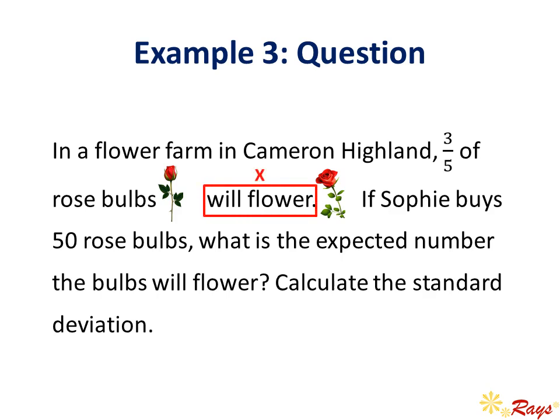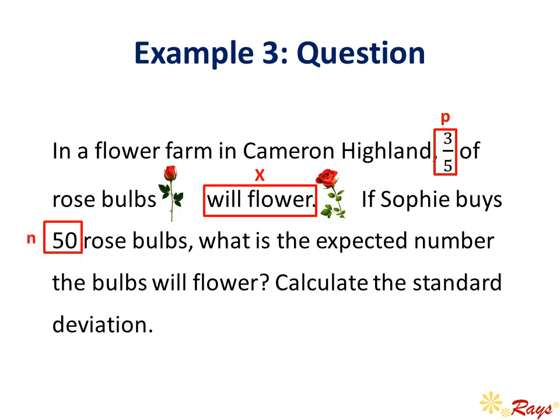So this is our random variable X, which is the bulbs that will flower or blossom. And 3/5 is the probability that the rose bulbs will flower.